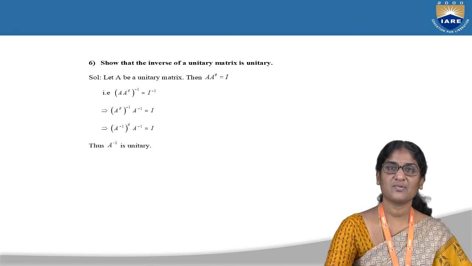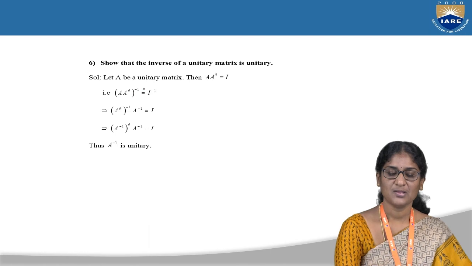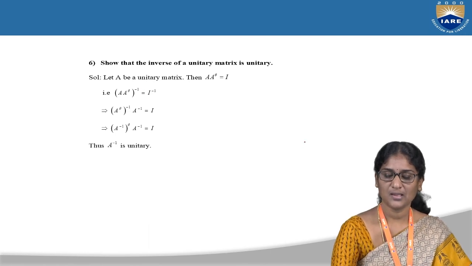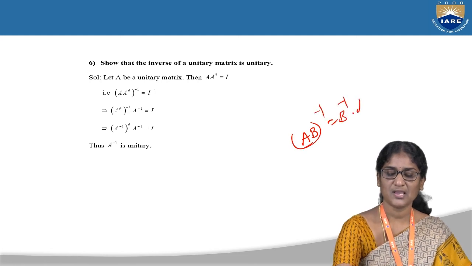And next, another property: the inverse of a unitary matrix is unitary. Suppose A is a unitary matrix, then A into A to the power of theta is equal to I, according to the property of unitary. So now you take the inverse of that. You all know that (A into B) whole inverse is nothing but B inverse into A inverse.